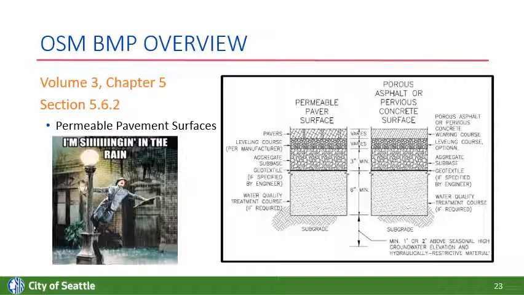For permeable pavement surfaces, the sizing factors, table 5.36, have been updated for permeable pavement surfaces with and without check dams. The modeling approach has been updated to be more consistent with the Western Washington Manual. Added are new design criteria for the design of underdrained surfaces to be equivalent to permeable pavement surfaces.